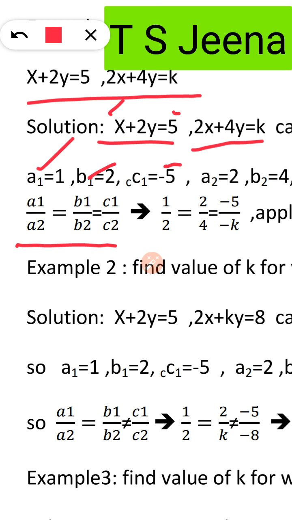So put the values: a1 upon a2 is 1 upon 2, b1 upon b2 is 2 upon 4, it is also 1 upon 2, and c1 upon c2 is 5 upon minus k.